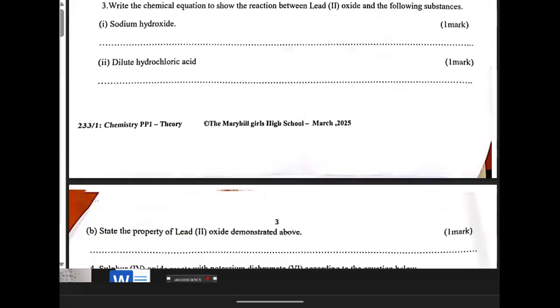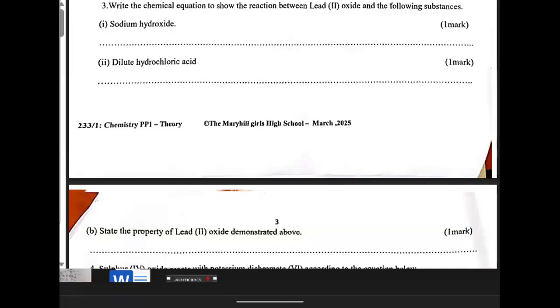Question 3. I've already given the first answer for Roman number 1. I hope you are following. And I said what is being tested is amphoterism of lead 2 oxide. It can react with both base of Roman number 1 and acid of Roman number 2. How does it react with base?